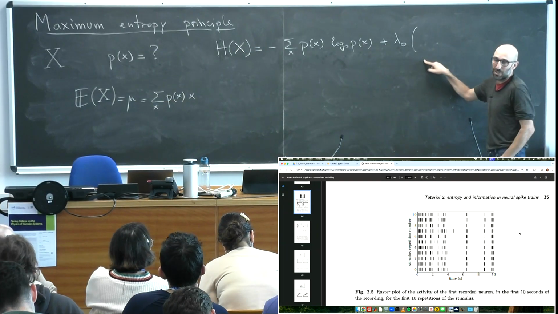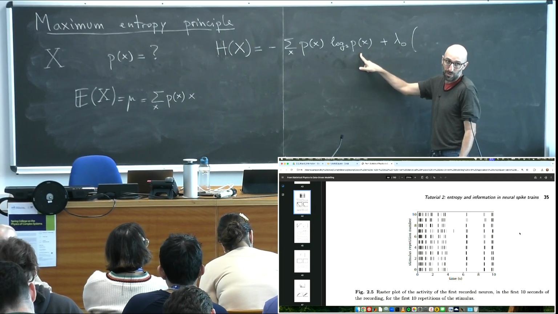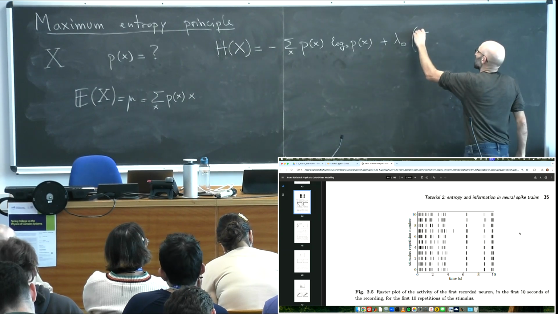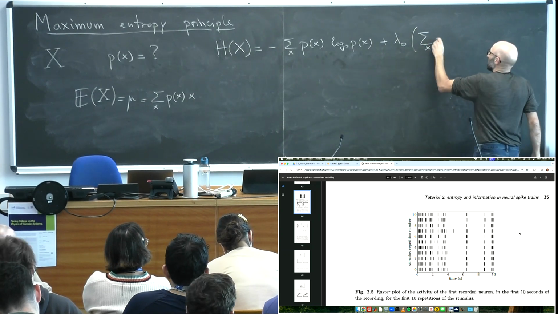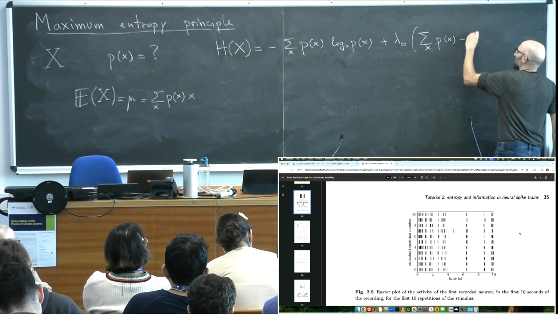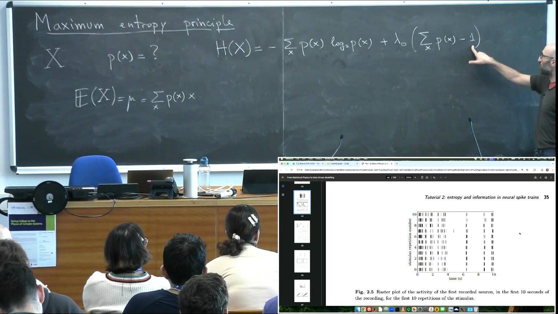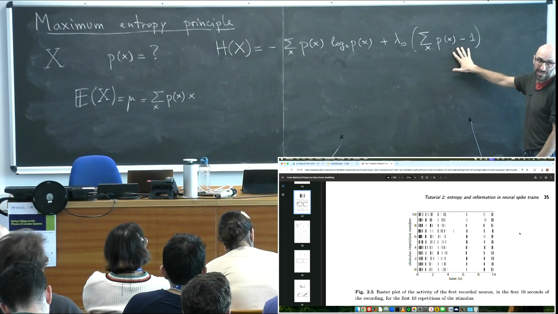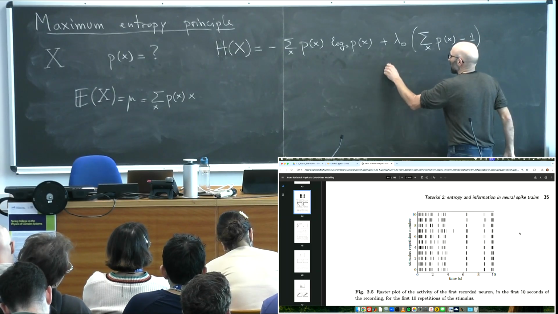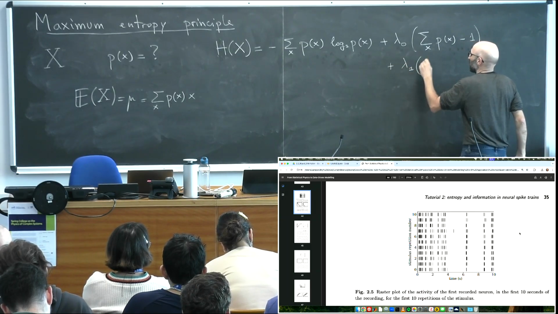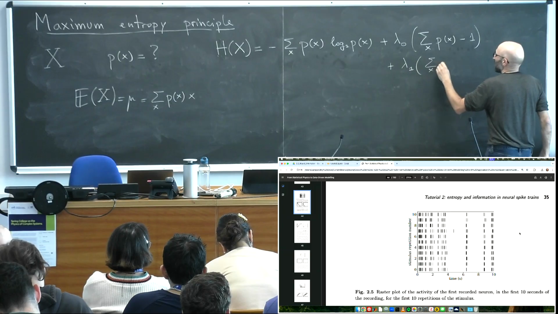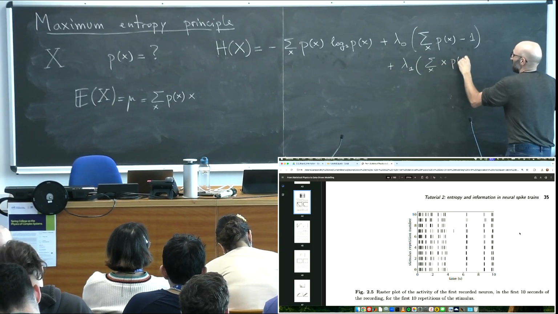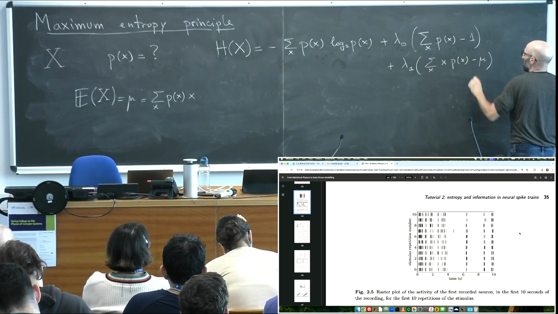But we also have the constraint that the probabilities should be normalized. So we have to impose that the sum over x of p of x should be equal to 1. We put a multiplier lambda 0 to fix that. And then we add the multiplier lambda 1 to fix that the sum over x of x p of x must be equal to mu.